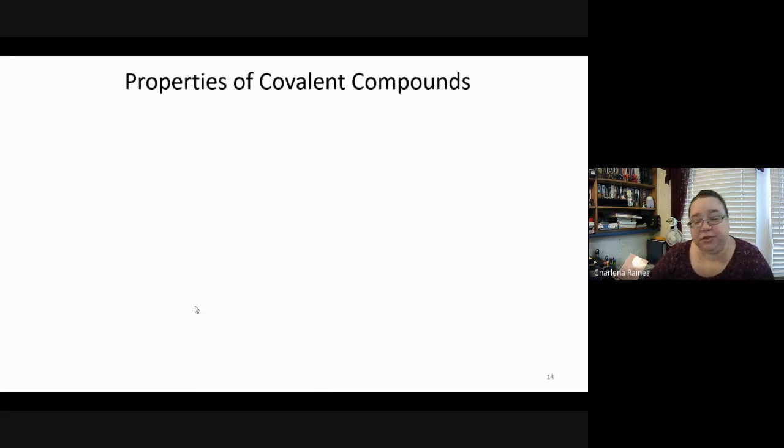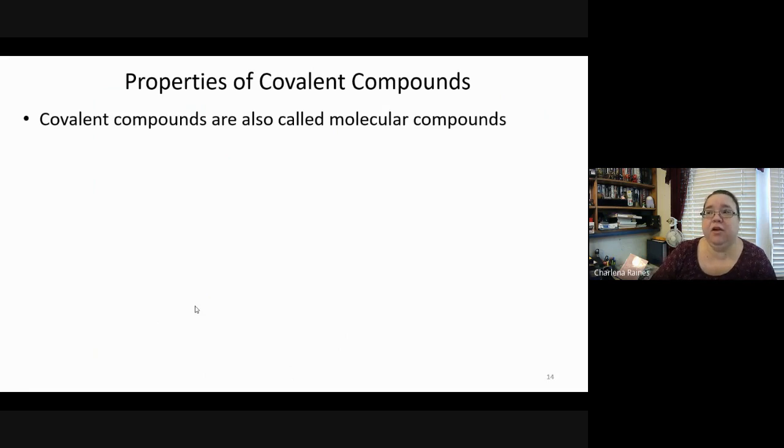Covalent compounds also have another name. They are called molecular compounds, or they are called molecules. You might remember this from biology when you learned about the water molecule. So molecule is just saying that it's covalent. You will have me using the terms molecular, molecule, and covalent all interchangeably. Same with our ionic. I will use the term ionic and salt interchangeably.